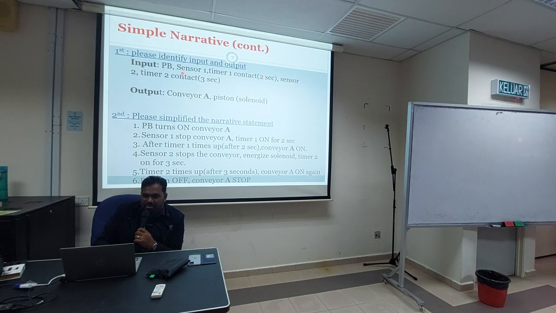So ada few input, and output adalah conveyor A and piston kalau solenoid. Okay, ini adalah contoh lah. Okay, and second step, simplify the narrative statement. So point 1, so push button turn on the conveyor A. So letak lukis, baru you tulis dalam perenggan. So simple narrative kena dalam perenggan.